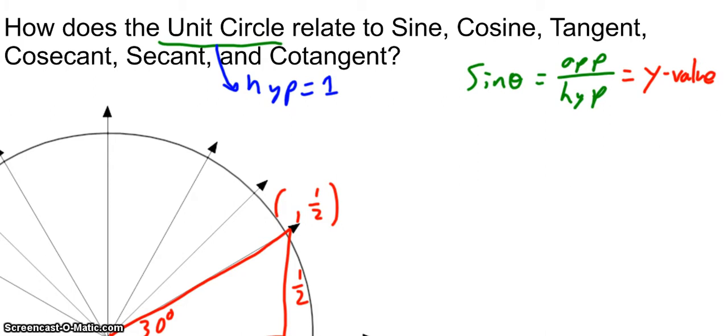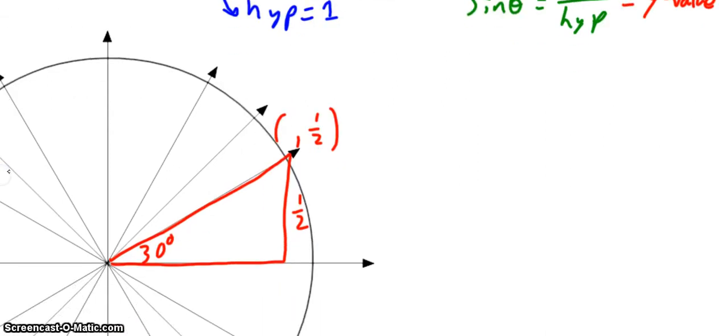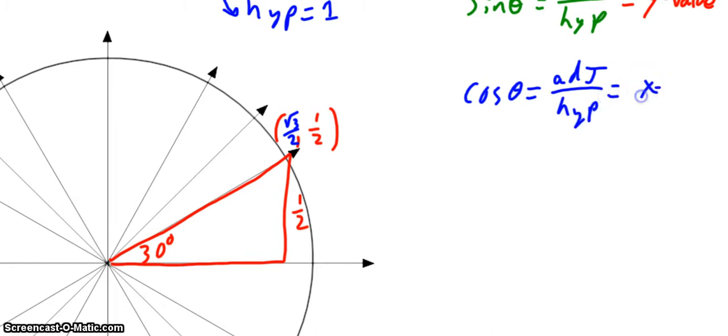Cosine was adjacent over hypotenuse, but again, the hypotenuse is 1, and here the adjacent was the x value. So the cosine of theta is going to always equal the x value of the coordinate on the unit circle. That's what we're referring to.